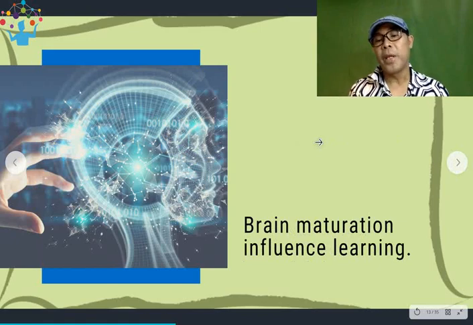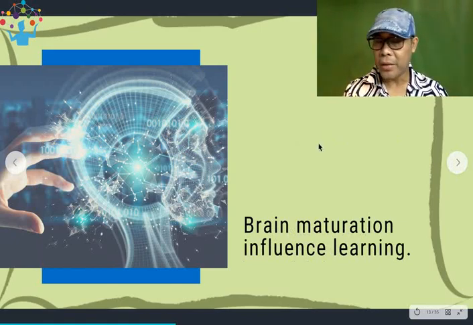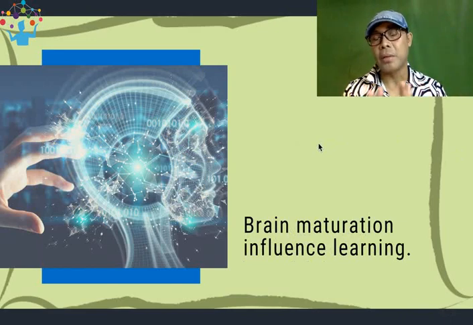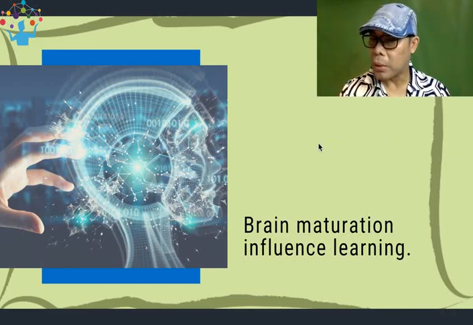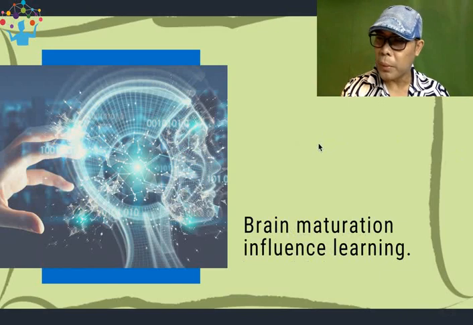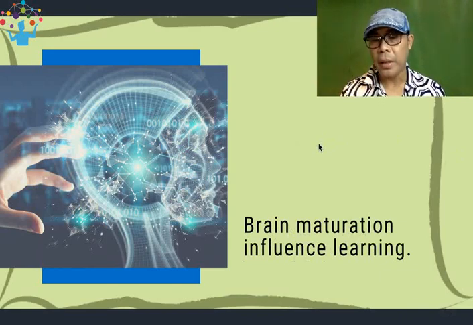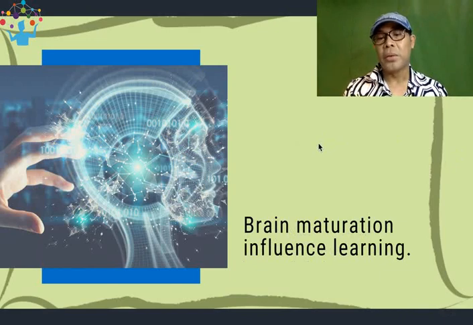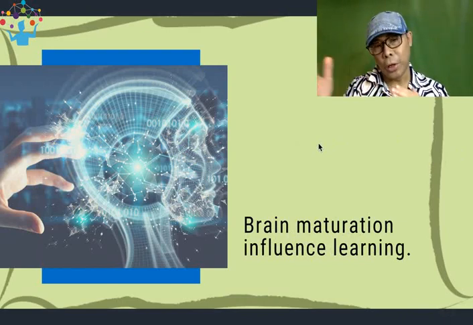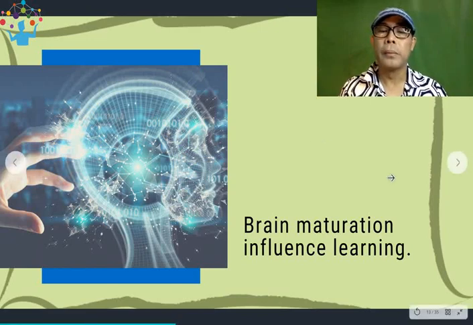Right. Brain maturation influences learning. Sounds familiar, right? I'm not going to elaborate much on it because we already took that in the module on biological theory of learning. We also talk about that in the cognitive theory of learning. As the brain matures, as the brain grows, as the brain acquires experiences, that influences learning.